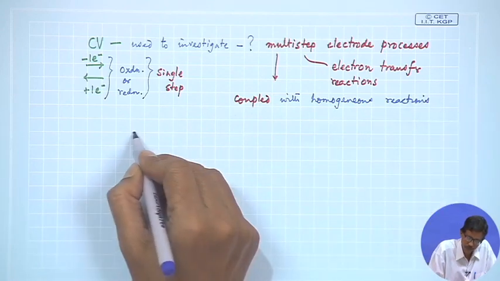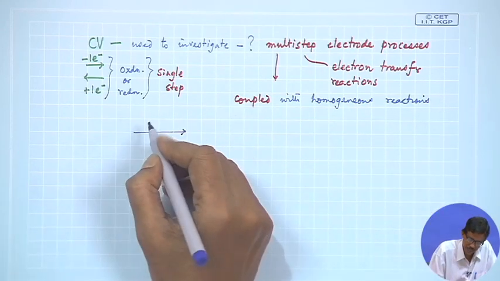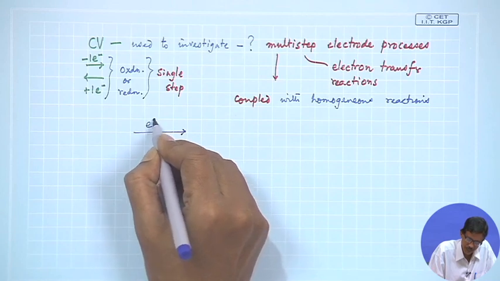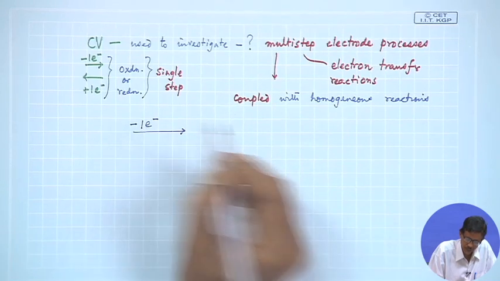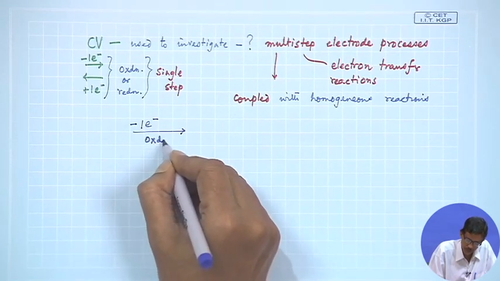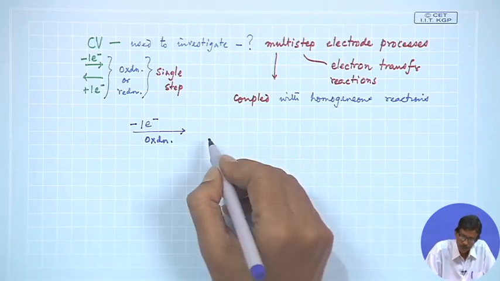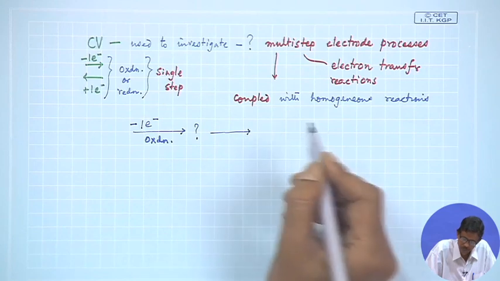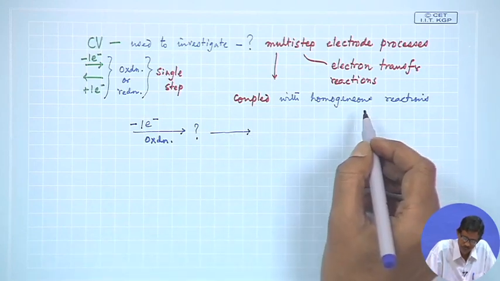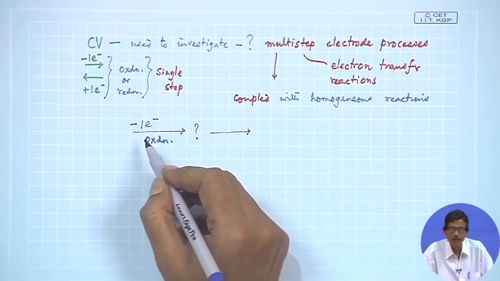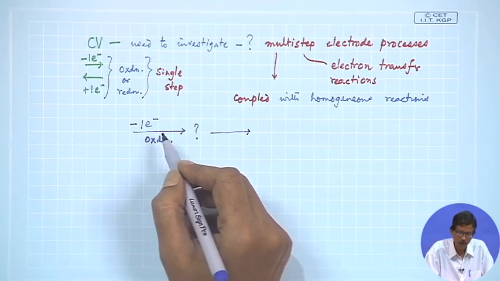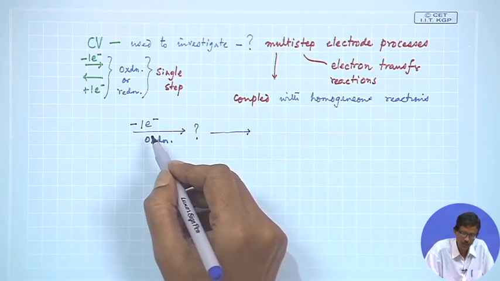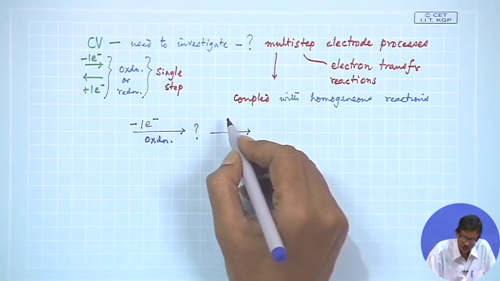That means, if we can follow that there is some electron transfer reaction, one electron reduction or oxidation, and whatever species is produced over there, it will have some preference for some reaction. If there is a mixture of isomers, we will see now how we can detect within a solution the two isomers also.